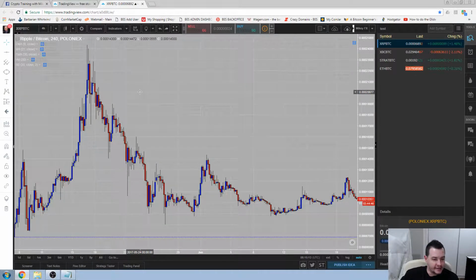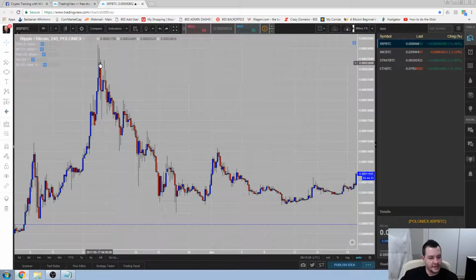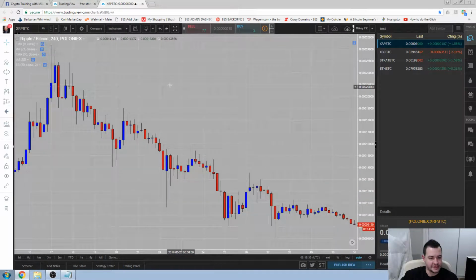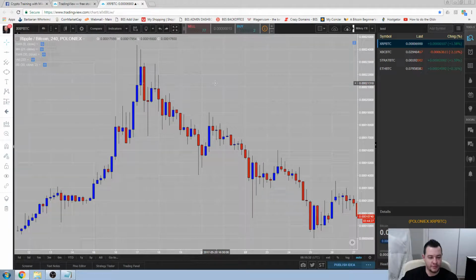Now, a bearish engulfing generally happens when we've made a new all-time high. Okay, and then what happens as price comes back down and people start to sell off? You get a big candle pattern here, which is much larger than the previous pattern, and that's what's called an engulfing pattern. Okay, so you can see this red candle here. So we've come up, we've made a new high, guys.